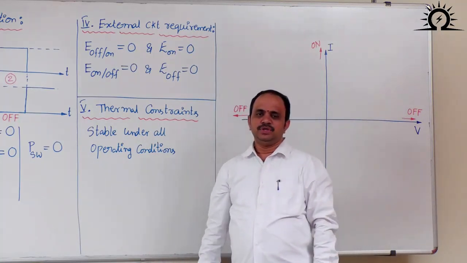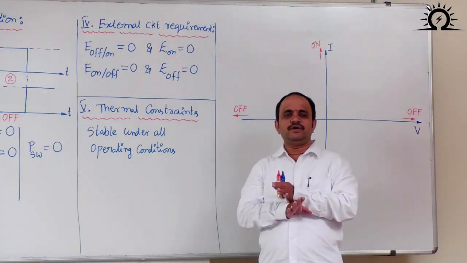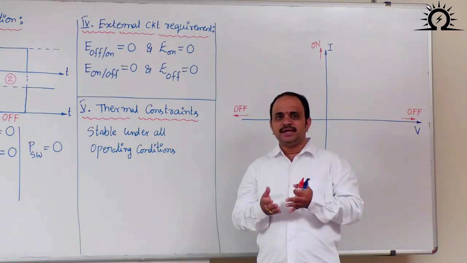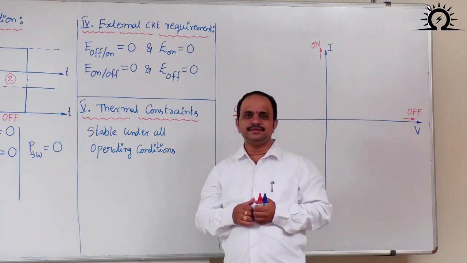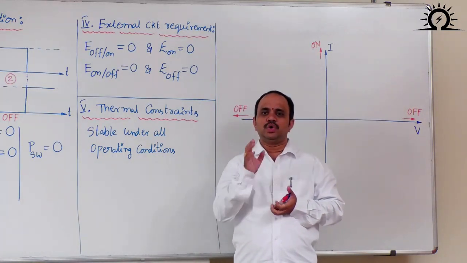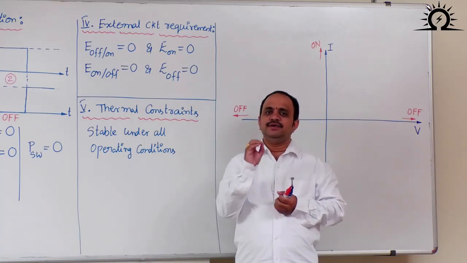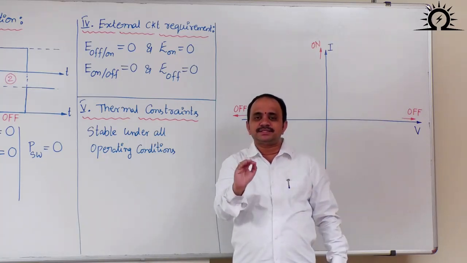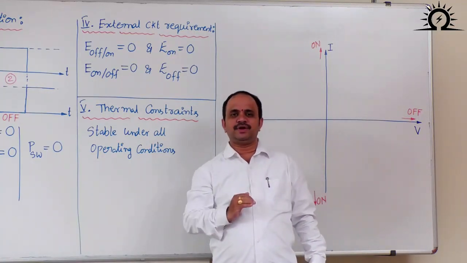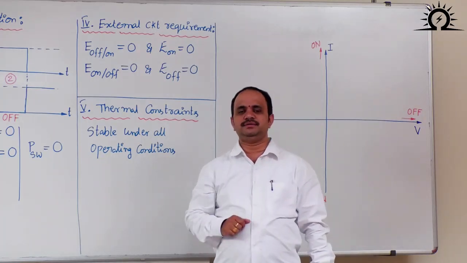So ideally there is no need of external energy, but that is not possible. Practically, there is a need of some external energy, but a switch is preferable, a good switch, nearer to ideal properties, if it requires less energy to change its state from on state to off state and off state to on state.